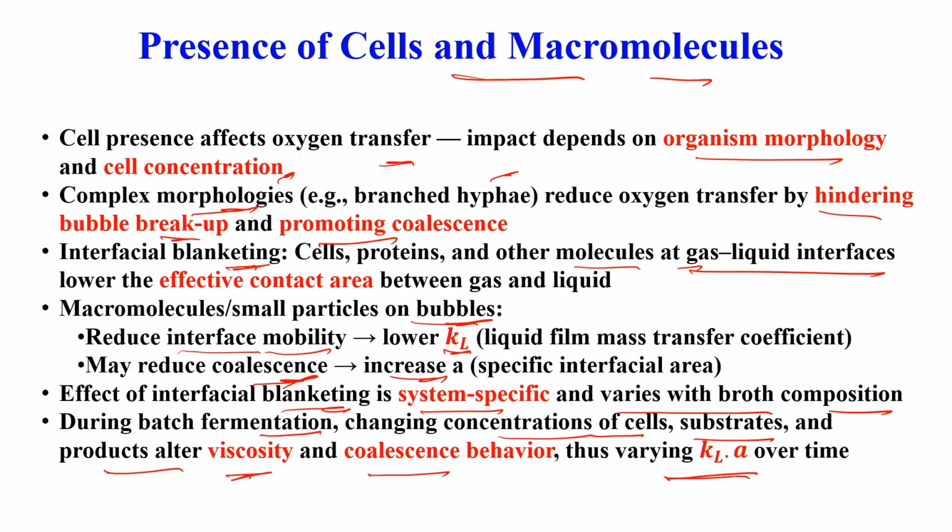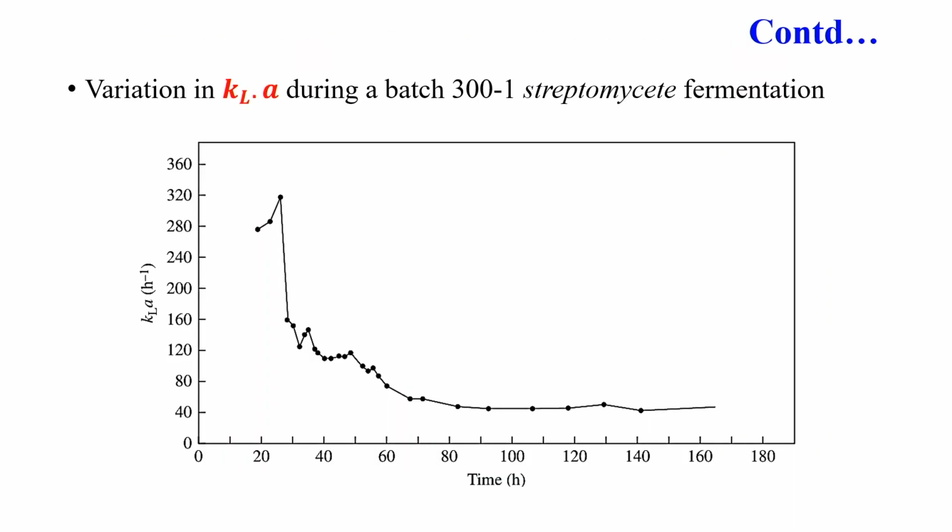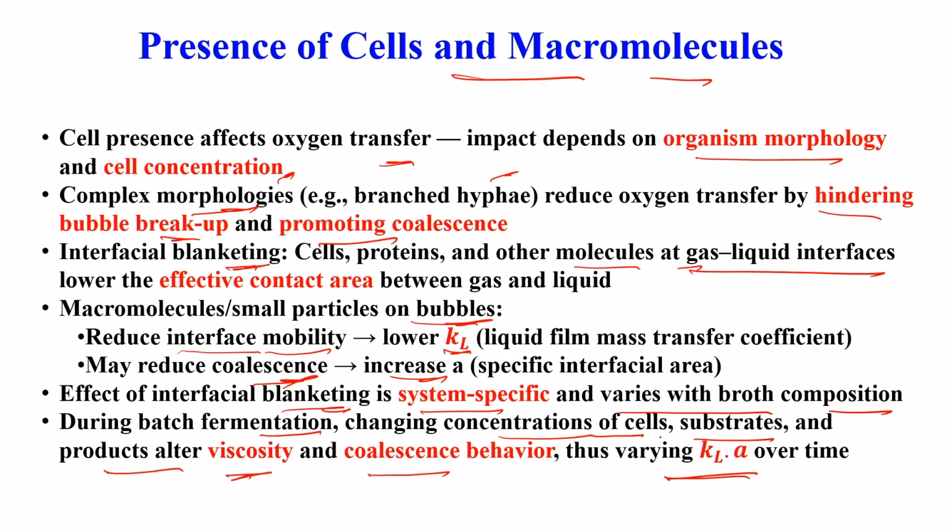Thus, it clearly varies with time as the fermentation progresses. You can see the variation of KLa in a 300 liter fermentation using Streptomyces species. As the fermentation progresses, the KLa value also decreases because of the change in substrate concentration, cell concentration, product, viscosity and collision behavior.